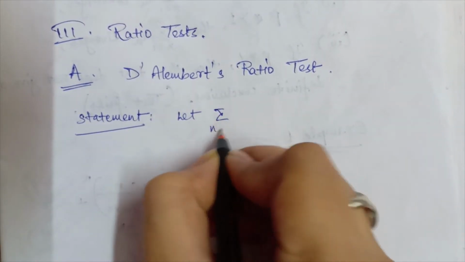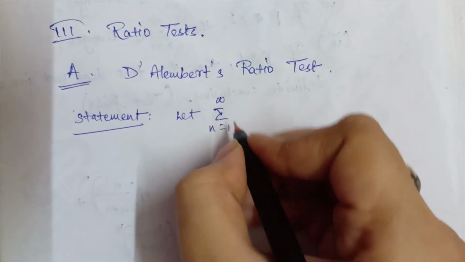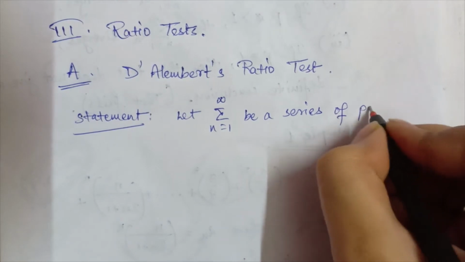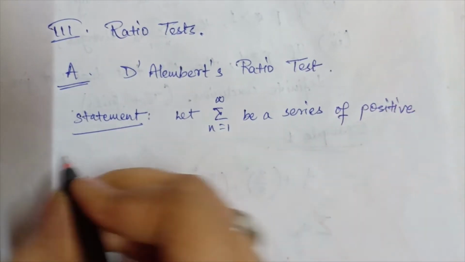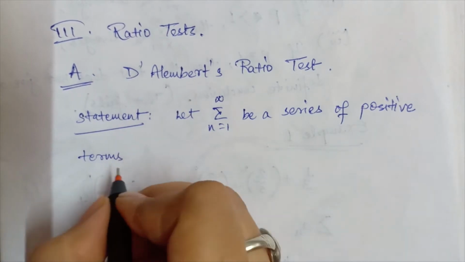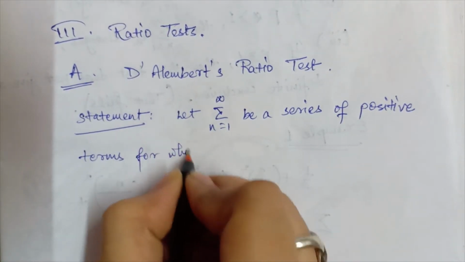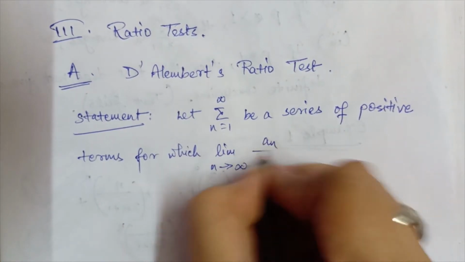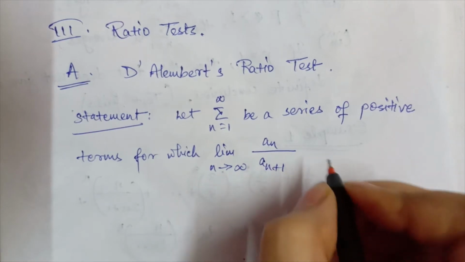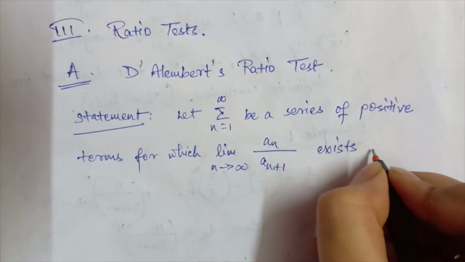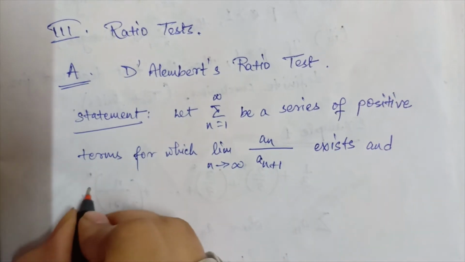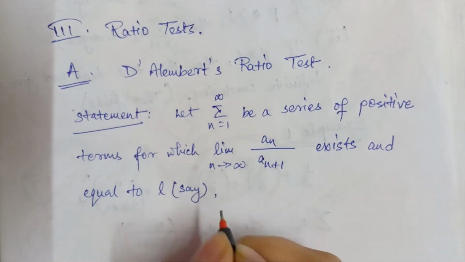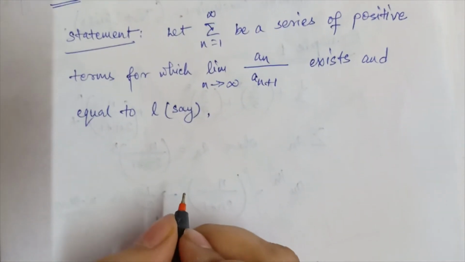let summation n equals 1 to infinity an be a series of positive terms for which the limit as n tends to infinity of an by an plus 1 exists and is equal to, say, L. Then there are 3 conditions.